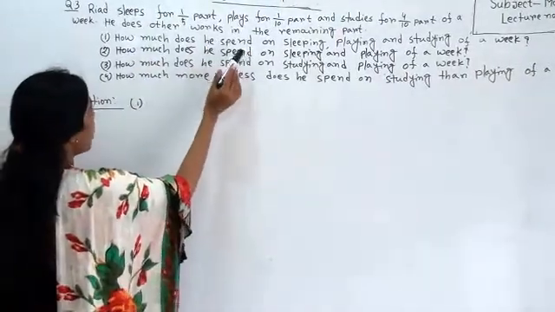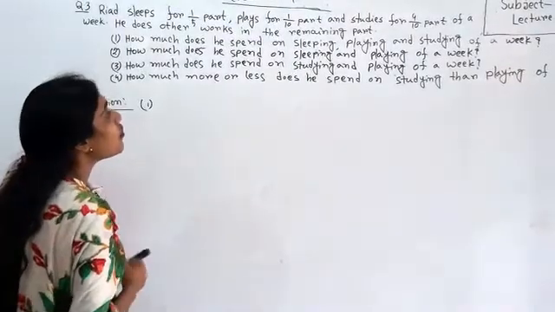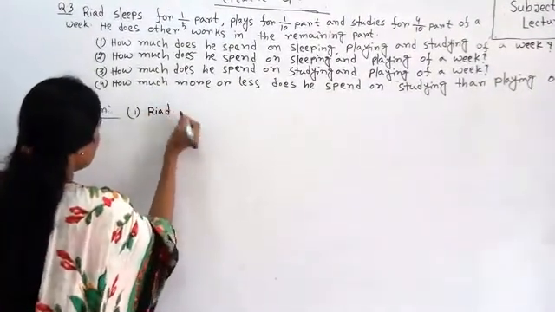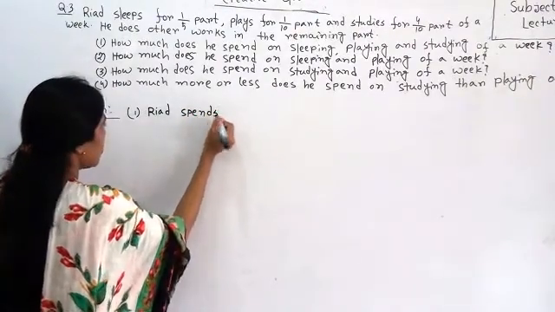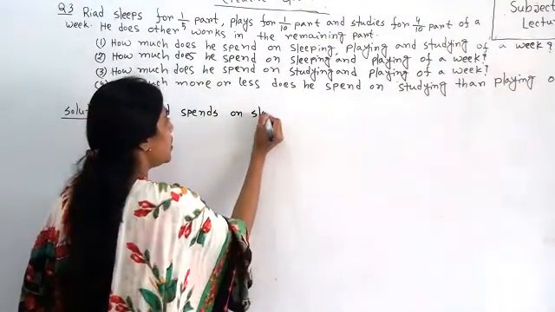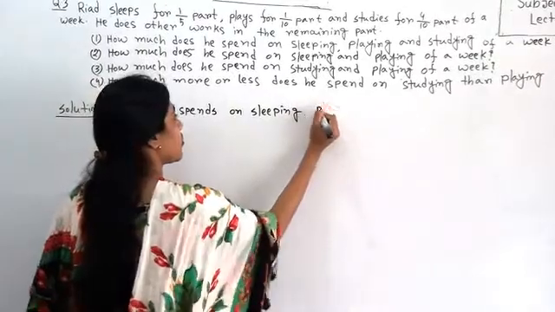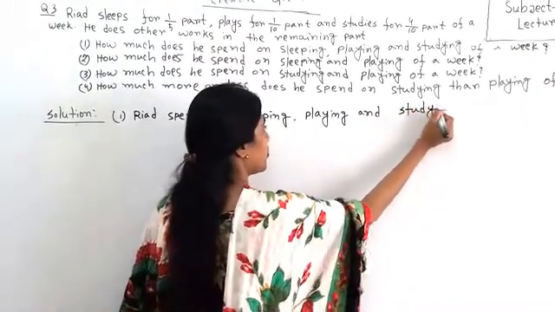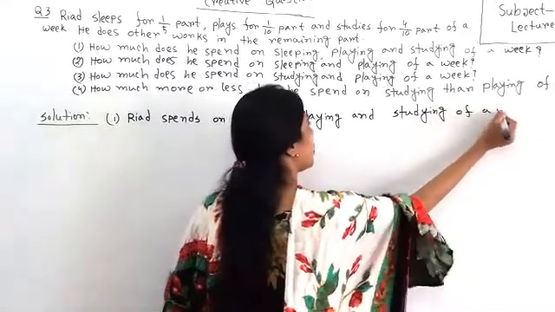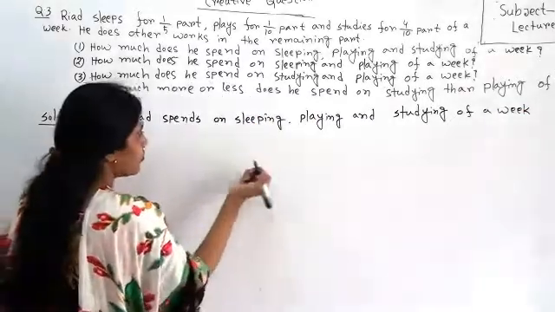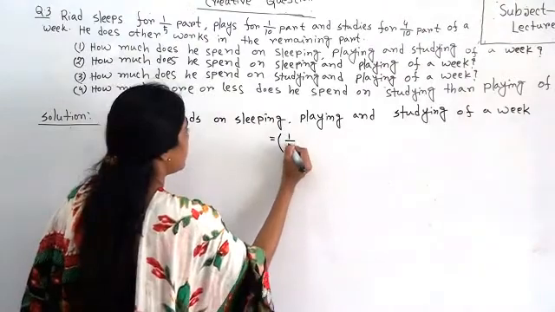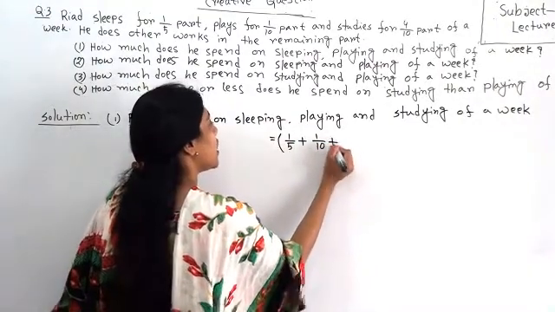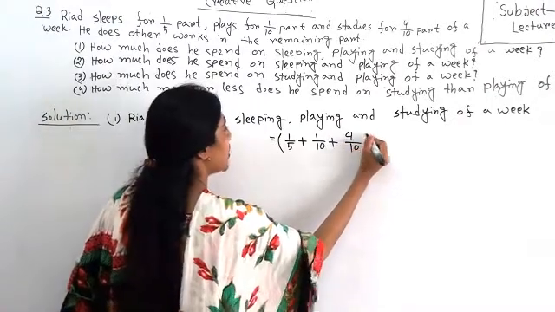That means Riyadh's total work of a week is to be found out. Riyadh spends on sleeping, playing and studying of a week: sleeping is 1 divided by 5 part, plus playing is 1 divided by 10 part, plus studying is 4 divided by 10 part.